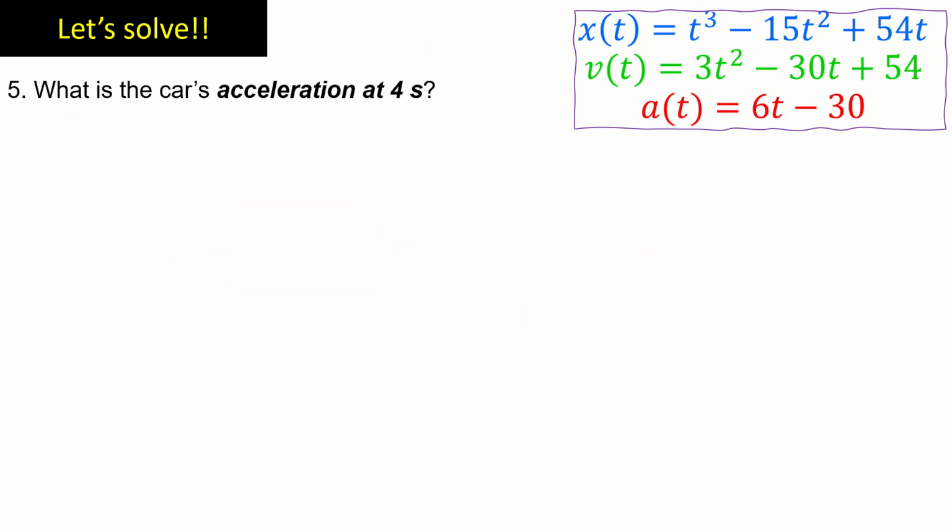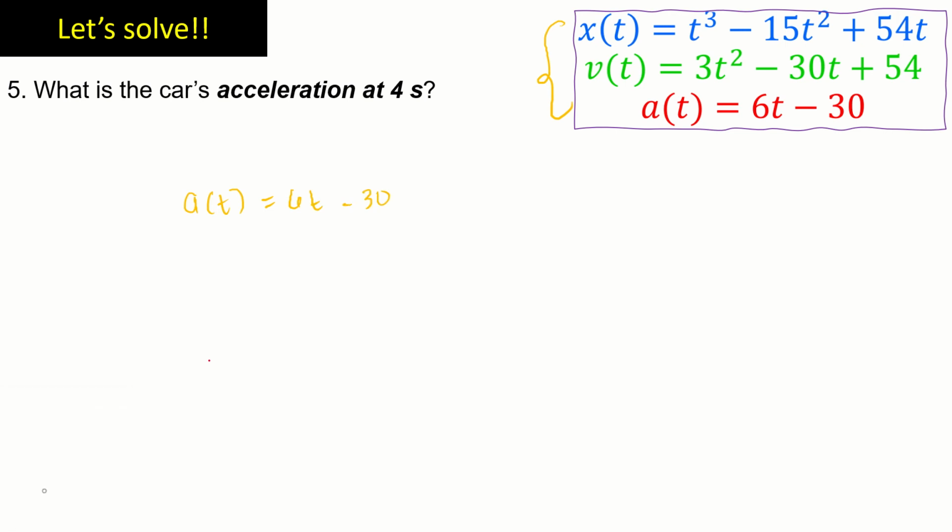Fifth problem, what is the car's acceleration at 4 seconds? So the question is acceleration. Let's again look at the three functions that we have. Which among these will actually show you the acceleration of the car? So, syempre, ang may acceleration lang naman dyan, yung acceleration function natin. So, a of t is equal to 6t minus 30.